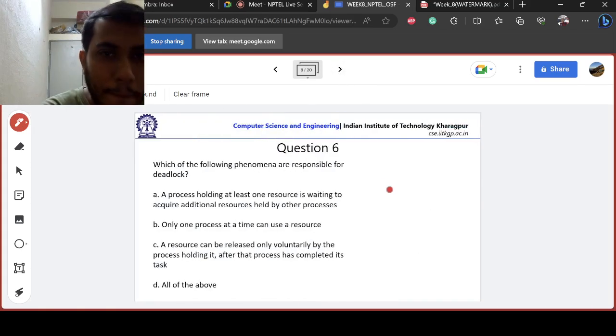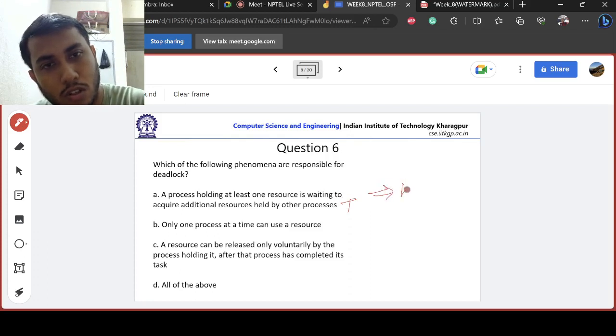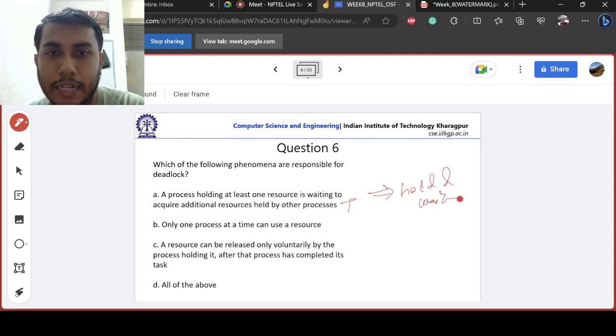Let's go to the next question. Which of the following phenomena are responsible for deadlock? Option A, a process is holding on to one resource and is waiting to acquire additional resources held by other processes. True, this causes deadlock. This is called hold and wait. Only one process at a time can use a resource. True.